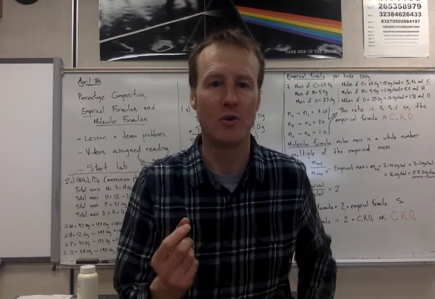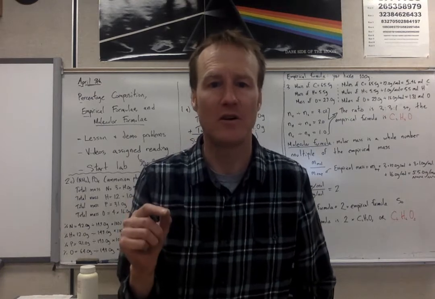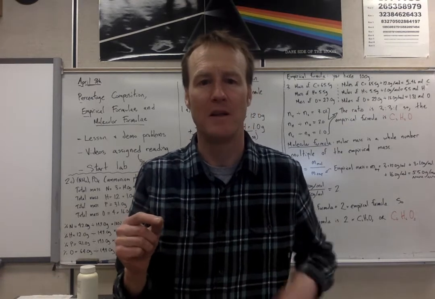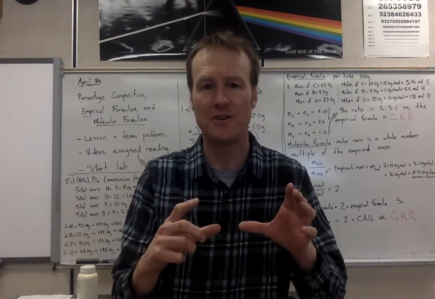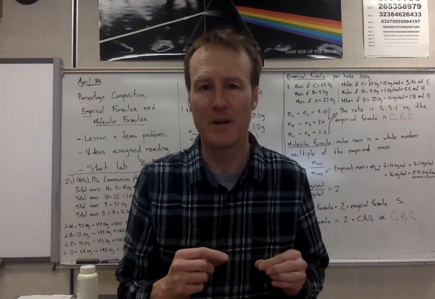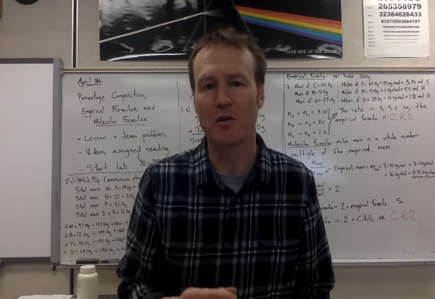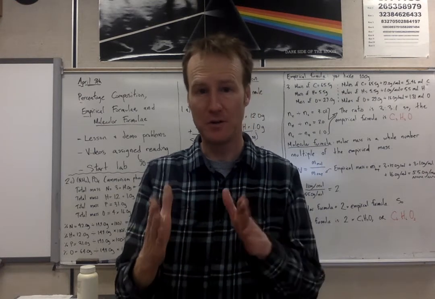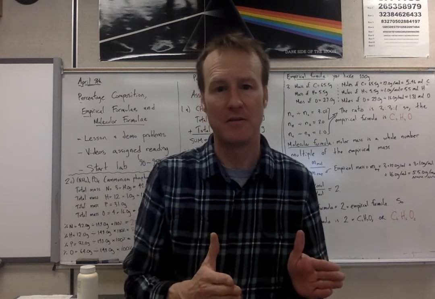That molecule would have 2 carbon atoms and 4 hydrogen atoms. That would be the molecular formula. The empirical formula is just, again, the simplest whole number ratio. So the empirical formula for that substance would be CH2. A 2 to 4 ratio is the same as a 1 to 2 ratio.